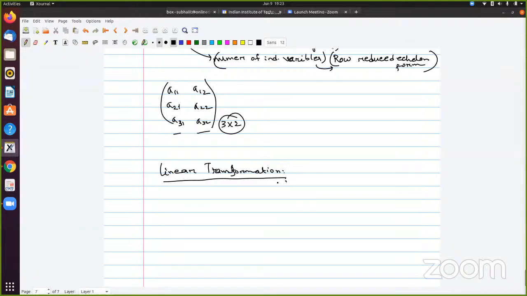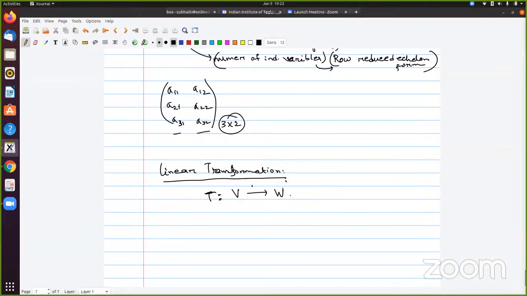Okay. Now, linear transformation, first of all, remember it is a mapping. But it is a mapping from one vector space to another vector space. So on both sides, for the domain and codomain, we have vector spaces. This is the first thing you have to remember.